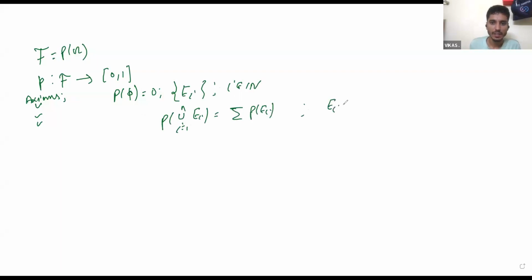The condition is that E_i intersection E_j is phi for all i not equal to j; whenever i is not equal to j, it should be empty.